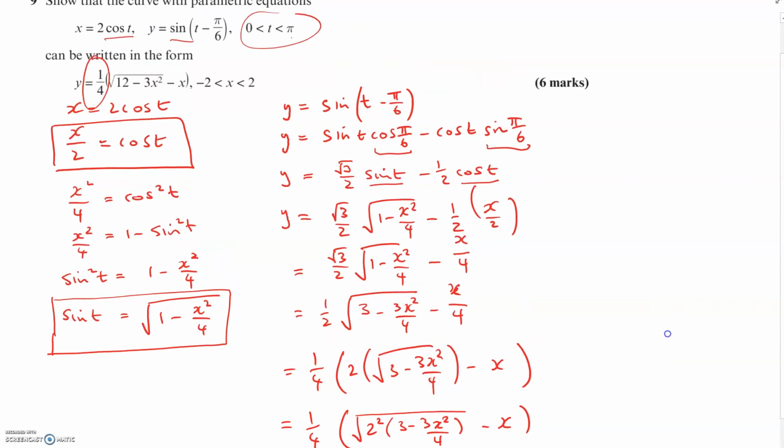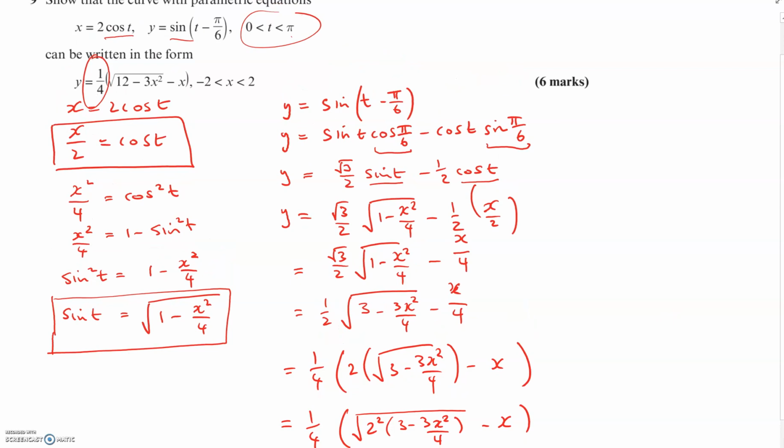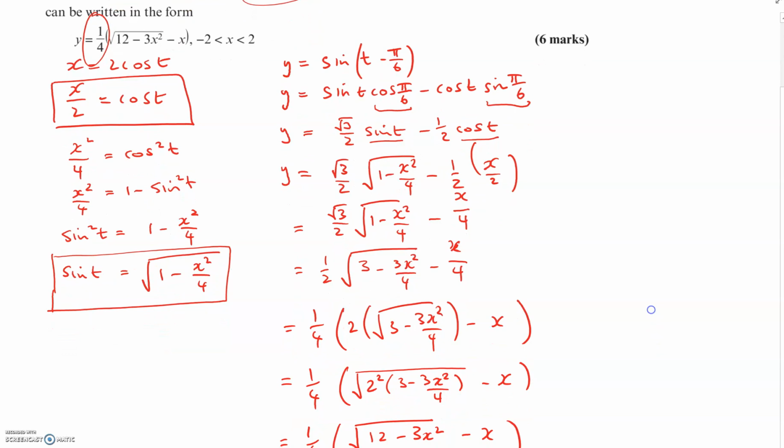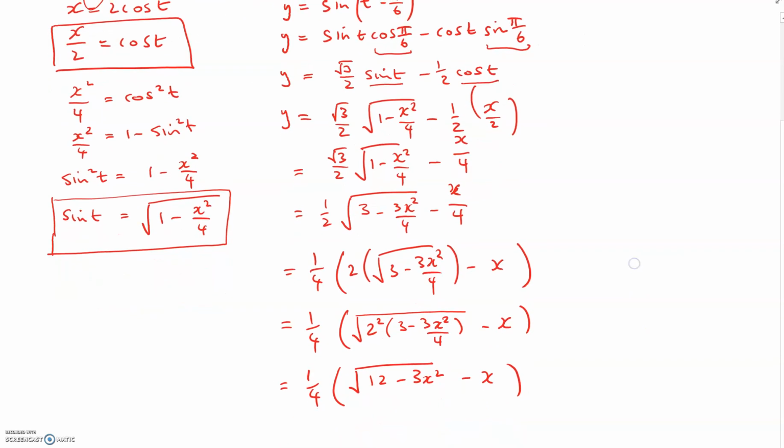Okay, finally it wants me to define what the domain is, which is between minus 2 and 2. Well, if we consider when t is between 0 and pi, what happens to x?